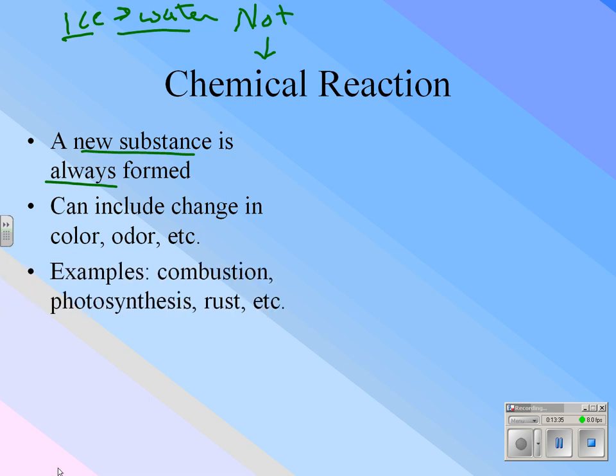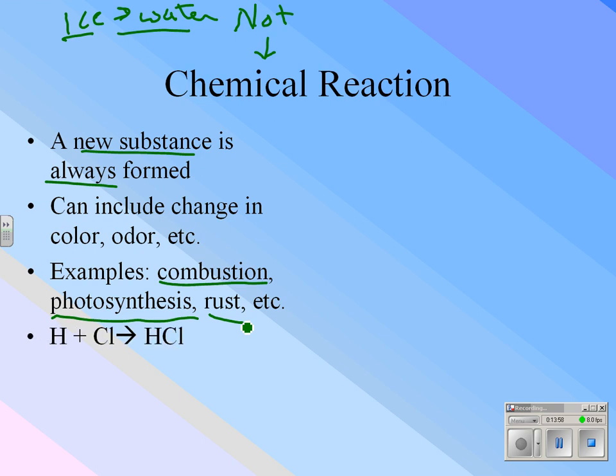Some examples of chemical reactions: burning. Burn a piece of paper, chemical reaction. Combustion is a fancy name for burning. Photosynthesis, as we'll see at the end of the year, is a chemical reaction. Something rusting is a chemical reaction. And you can probably think of many more. Here's one.